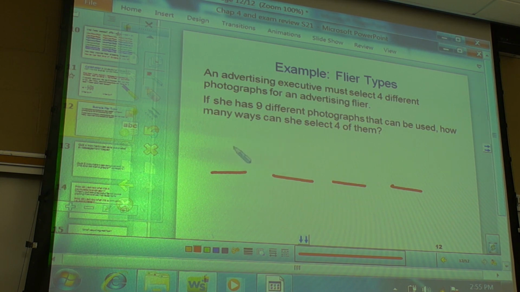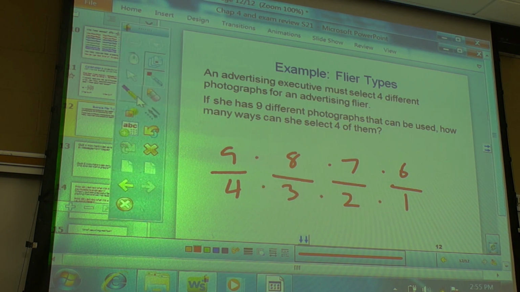How many options for the first? 9, then 8, then, and then, since order doesn't matter, you divide by 4 times 3 times 2 times 1, because there's 4 of them. Everybody all right with that part? You can use your calculator. You can also simplify it ahead of time, so 3 and 2 make 6. 4 comes out of 8, so that makes 2, so that's 6 times 2 times 3.